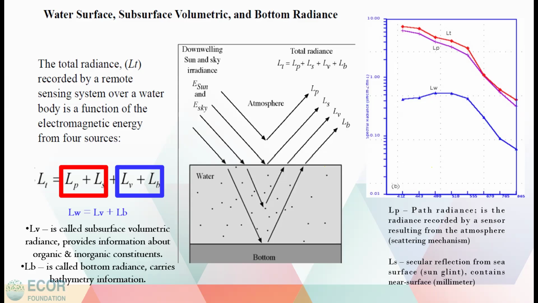LVB is the subsurface volumetric radiance that is reflected from particulate matter and plankton, etc. LB is the reflectance from the bottom, the seabed's reflectance. LS is denoted for surface reflectance, where the sun glints from the water surface. So these components help in analyzing the water quality, depth, and underwater features of any water body. Not just for the sea, it can be applicable to lake ecosystems and marine water lagoons, etc.